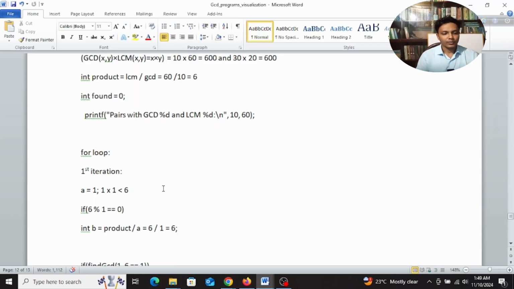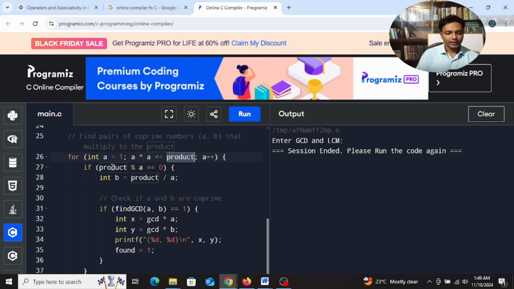For the first iteration, a equals 1, and a multiplied by a is less than the product, which is 6. Our product is 6, we know here. So our condition is true if 6 modulus 1 equals 0. That means, if you see the program, product modulus a: product is 6 and a is 1, so it will be evenly divided. 1 can divide 6.